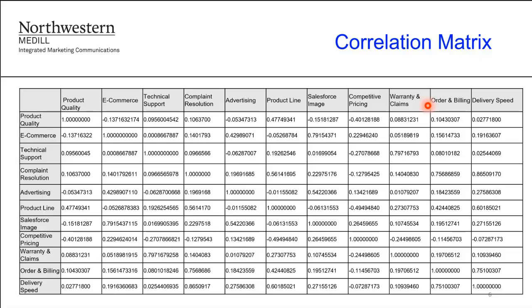The actual input for the factor analysis is the correlation matrix. You have to create the correlation matrix before running the factor analysis. This is how the correlation matrix looks for the hair product data.